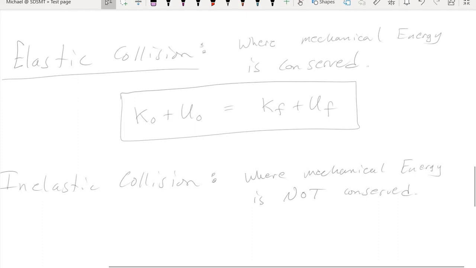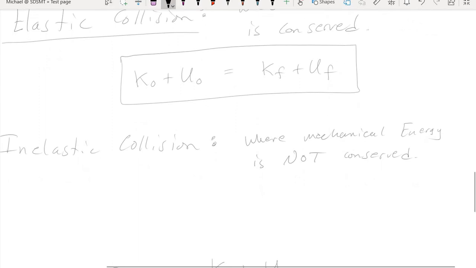And all those things that I just mentioned can be represented using another form of energy that could be added on as a product to the right side of our conservation of energy equation. And that's what it means to have an inelastic collision.